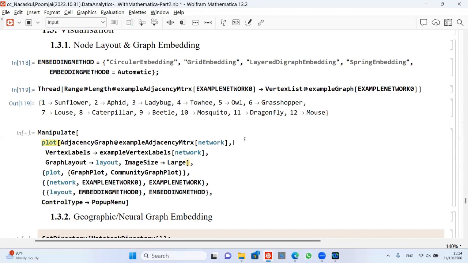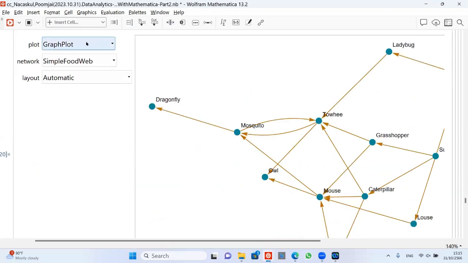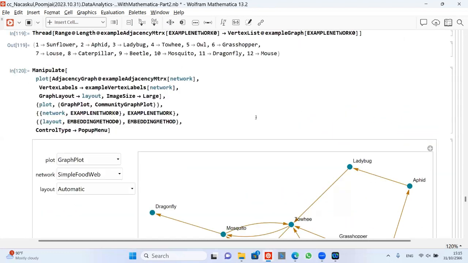So there it is. Once again, I do a couple of things at once. So I do the plot. There's a graph plot and there's a community graph plot. I haven't told you what it is yet. Maybe I should have told you that before, but anyway, I'm just going to do graph plot. I'm going to use example network, all 6 of them available here.